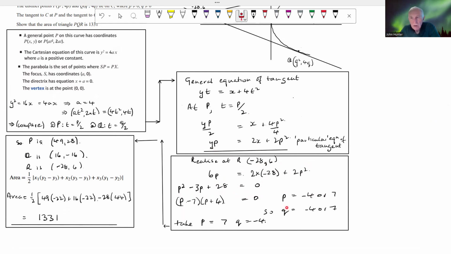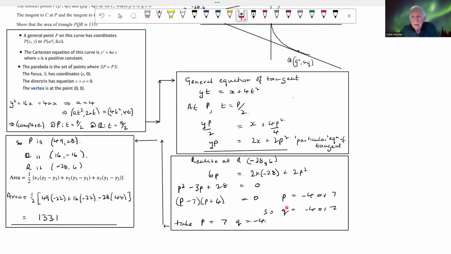Now, this is rather reminiscent of things that we've done at A level, where we're often looking at the intersection of a line and a curve, and either the line or the curve will have some unknown value in, generally denoted by the letter k.